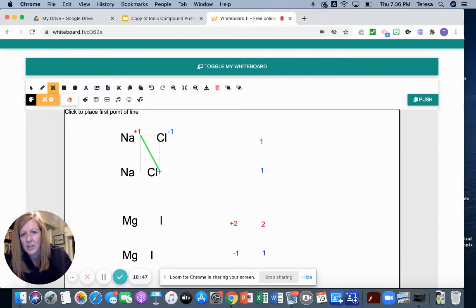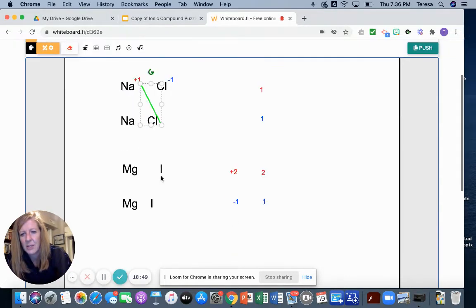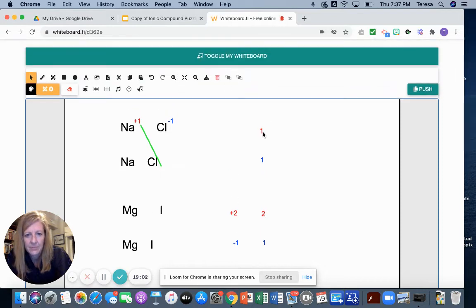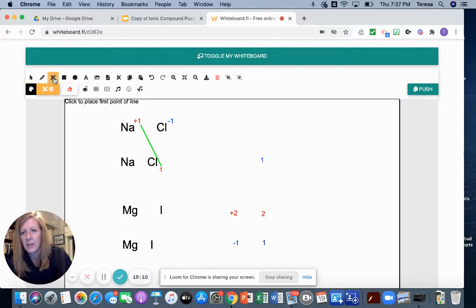So then what's going to happen is, those charges, the number associated with the charge essentially swaps. So it's going to come down here and become the subscript on chlorine. So we've got a 1 becoming the subscript for chlorine. So let's drag that over. And for sodium, we're going the other way.